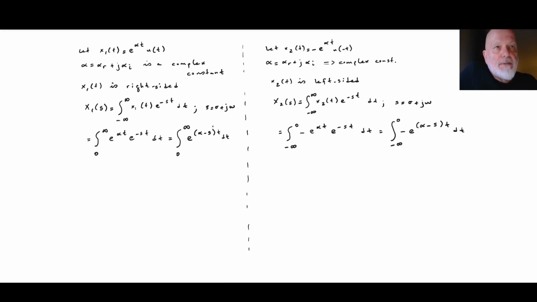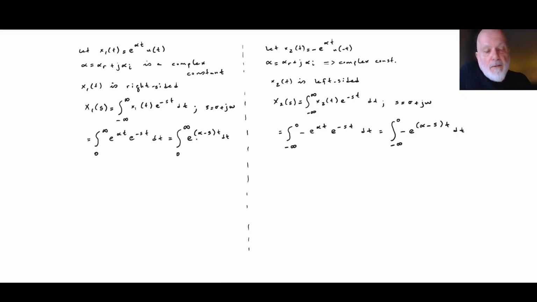Only the real parts will play a role, and we know that this must be a decaying exponential in magnitude. The imaginary parts give rise to sinusoidal expressions, as we remember. So this integral is convergent if the real part of alpha minus s is negative.